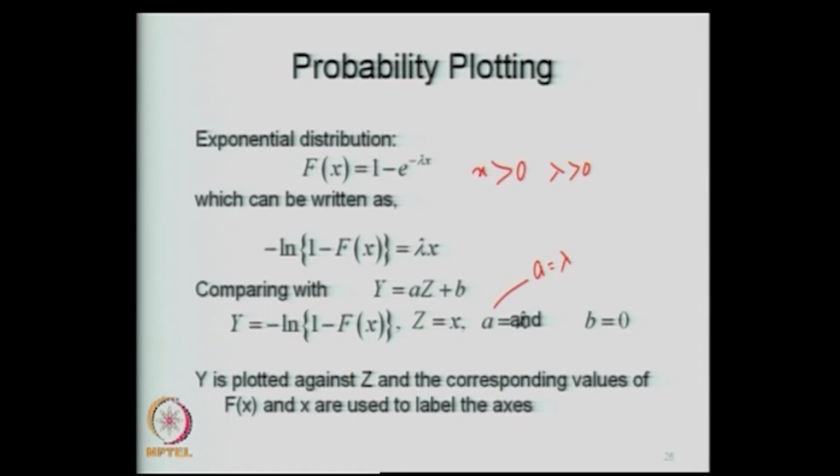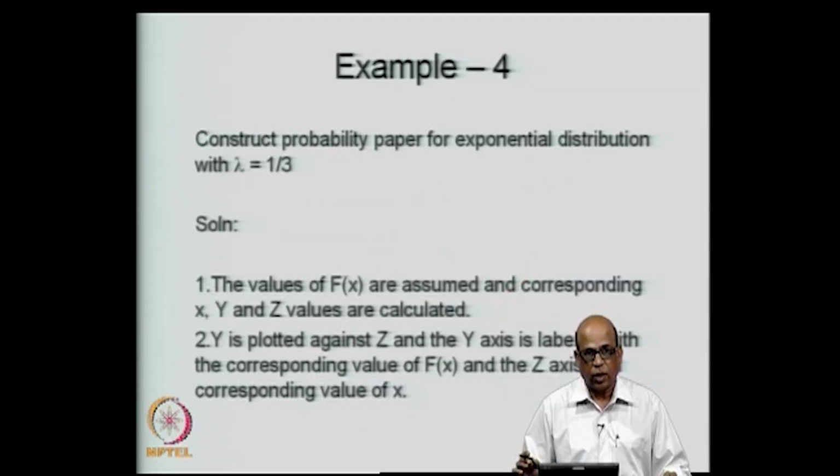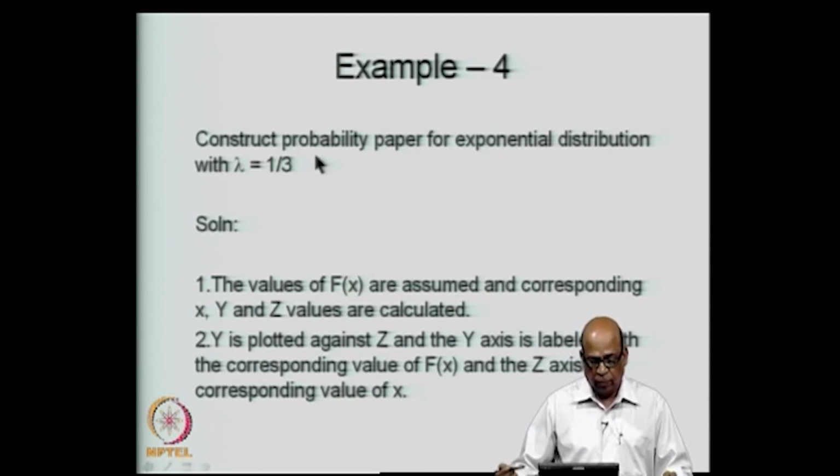So, I plot y against z and then simply change the labels, that is all. Let us see how we obtain this. We will take an example for the exponential distribution with the value of lambda as 1 by 3.